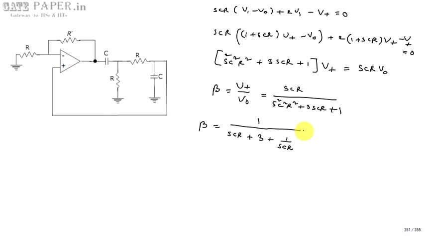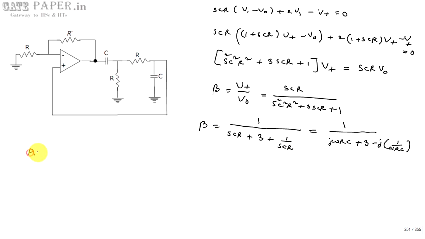So this can be written as 1 by (3 plus 1 by J omega RC), replacing S with J omega. 1 by J is nothing but minus J, so you can write minus J times 1 by omega RC. This is the beta value.